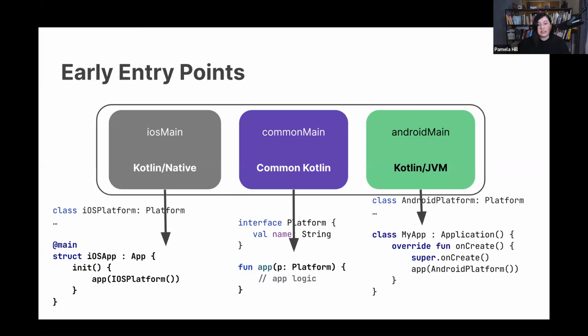On Android, on the right-hand side, you can see that I'm calling app within the onCreate of my application, and I'm passing in the AndroidPlatform class as a platform instance. And then on the iOS side, here I'm using SwiftUI. Within the init function of my iOS application, I am calling the app function with IOSPlatform. So instead of passing AndroidPlatform, I'm passing in IOSPlatform to do some iOS specific logic.